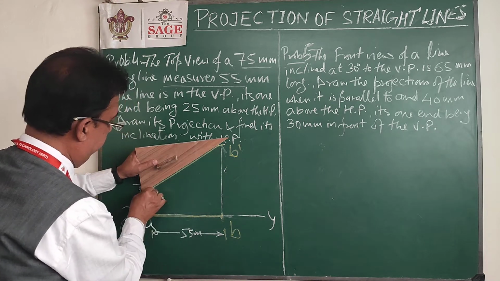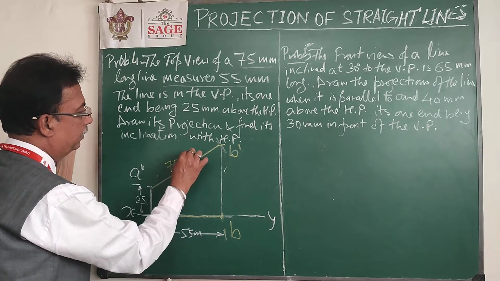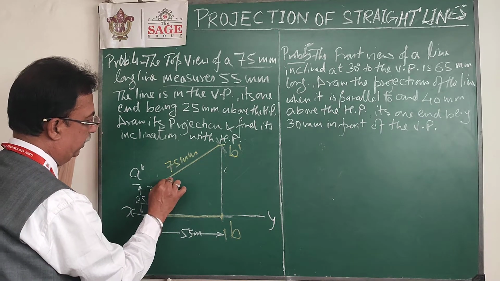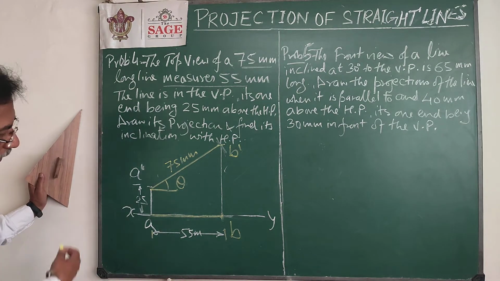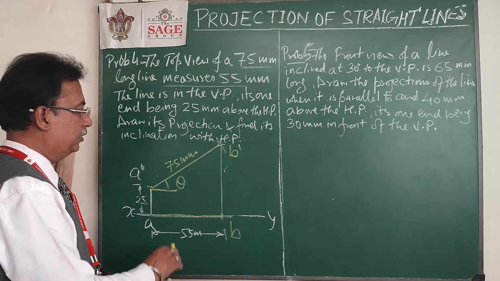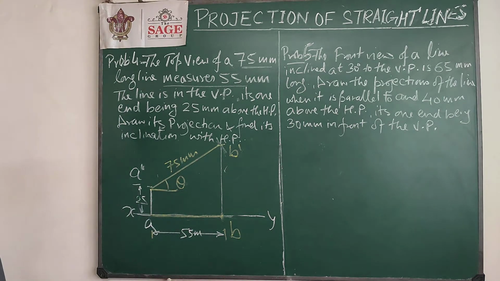This is the line, 75 mm long. This is the front view, and this is the inclination theta with HP. You can easily calculate this angle. So this is a line which is in the VP and inclined to HP by some angle theta.